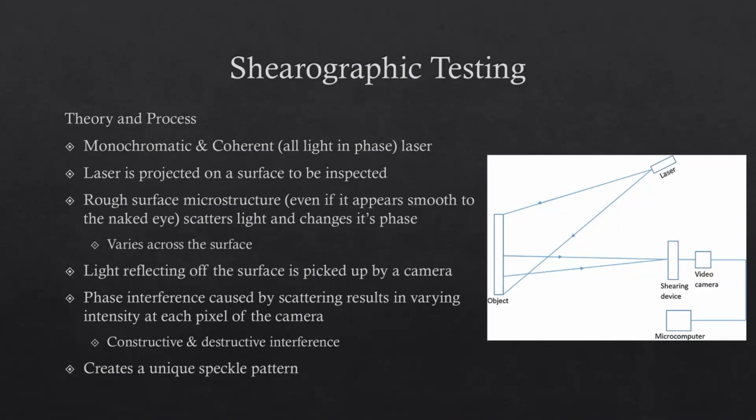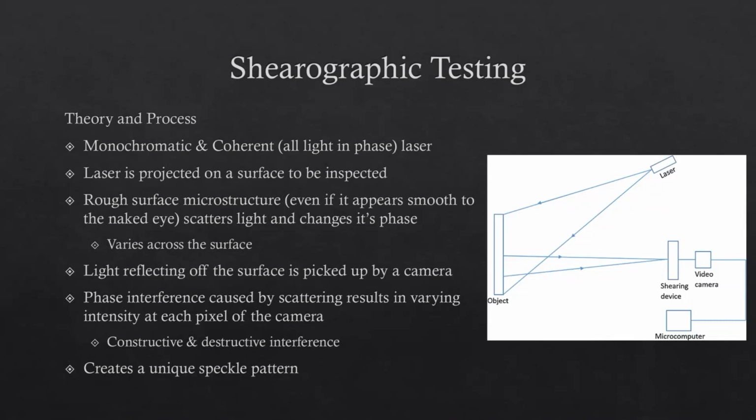And we run it into a video camera, and while it's going through that shearing device, phase interference is taking place. So now we still have phase interference, constructive and destructive interference between the waves of light. That's going to be taking place where this light coming off here is coming back together into the camera, and it's going to create an effect on individual pixels inside the camera.